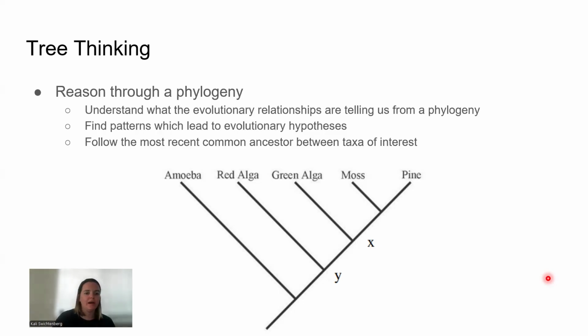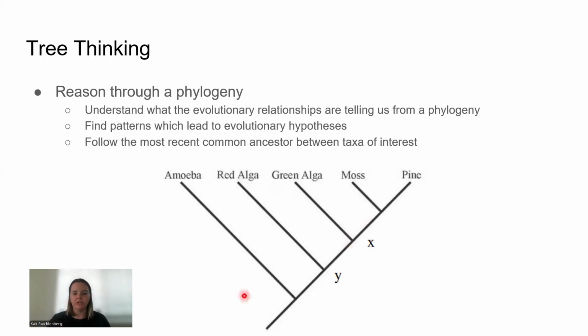So how have things changed, or where did these different proteins of interest come from, and so on. We're going to be looking at patterns, and the basis of this is to follow the most recent common ancestor between our taxa of interest, okay?